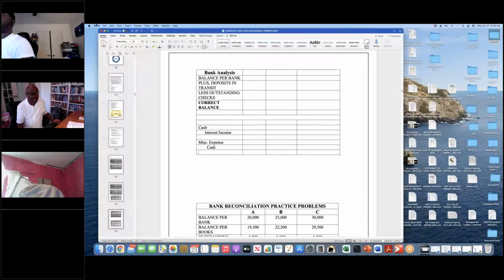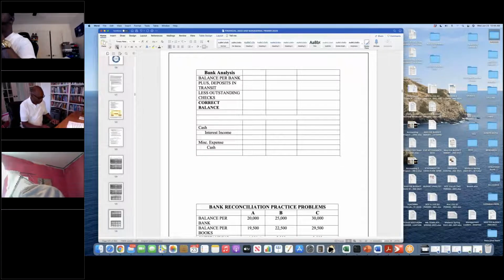We need the correct balance here. We're trying to get to the correct balance. Bank analysis, then we have the company analysis.